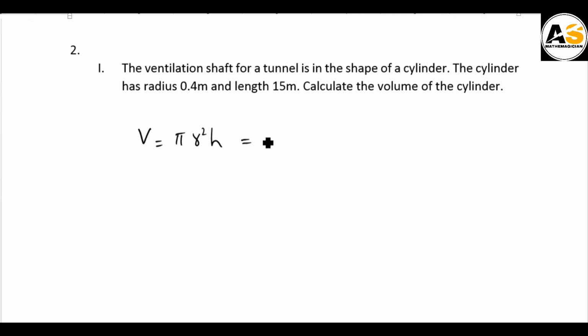In this case, radius is 0.4 meter and height is 15. When you use your calculator, you will get your answer, which will be 7.54 meter cube. So this was quite easy.